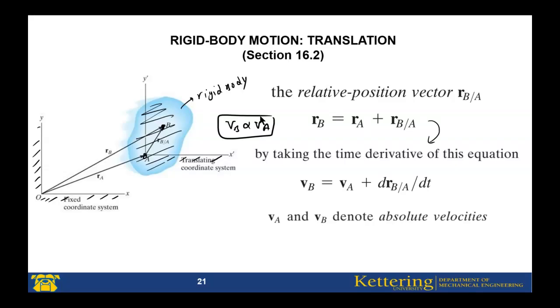The change of the relative position of the A and B for a rigid body with respect to time. How much is this term? Or what is this term called?